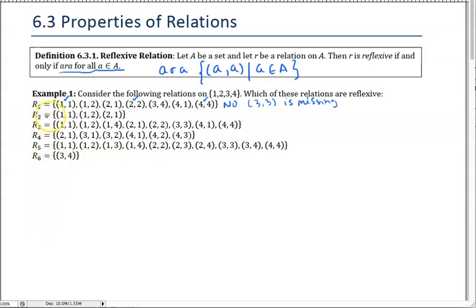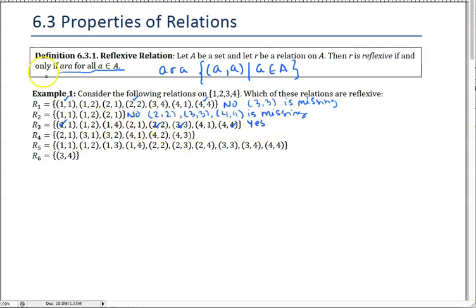Let's look at R2. (1,1) is there, but the others are not. So that's also not reflexive, because (2,2), (3,3), and (4,4) are missing. For R3, I have my (1,1), my (2,2), my (3,3), and my (4,4).